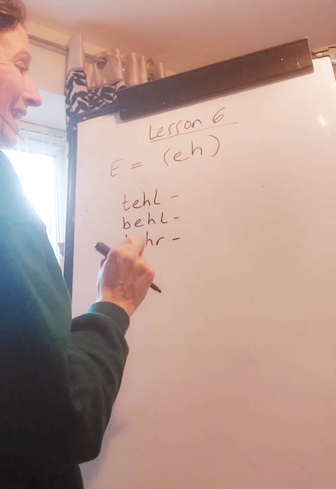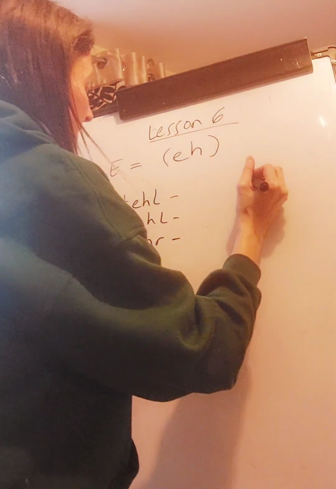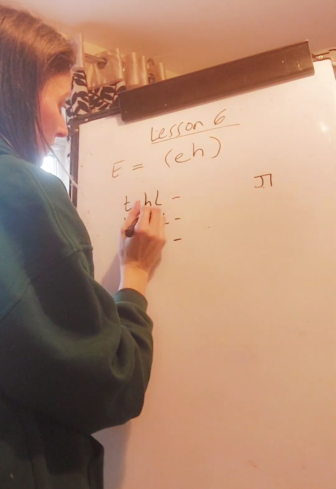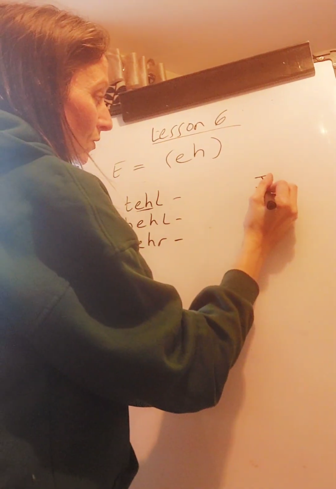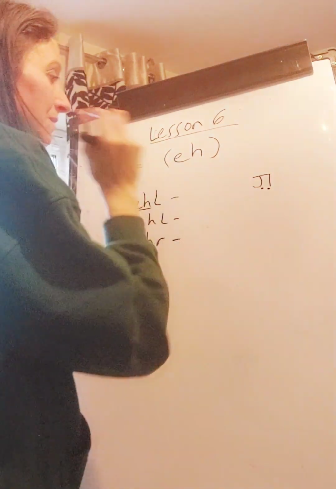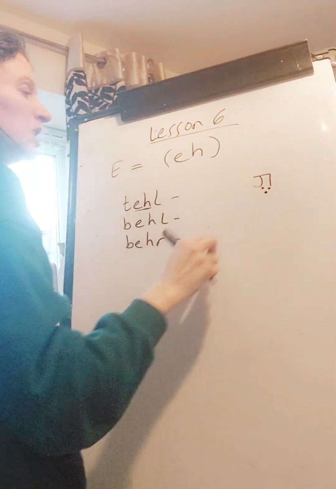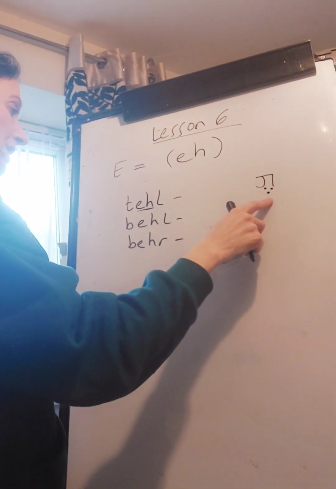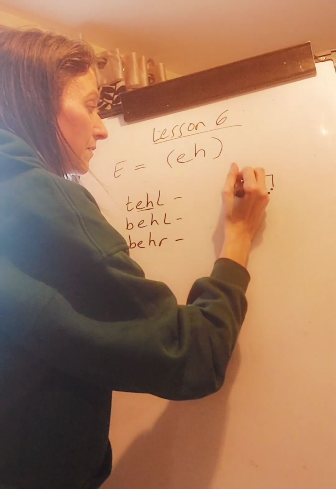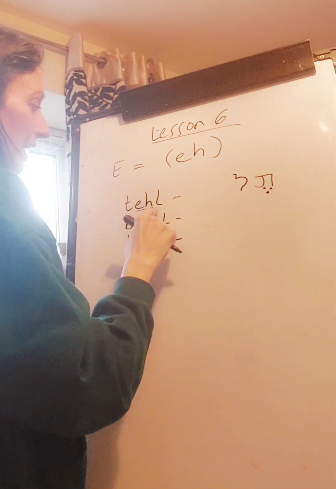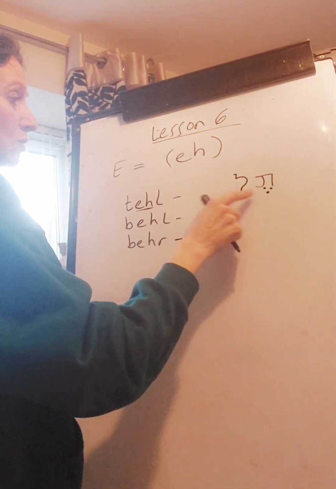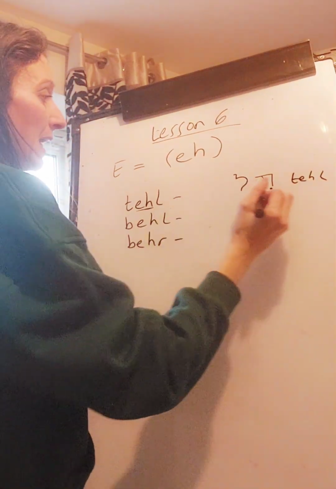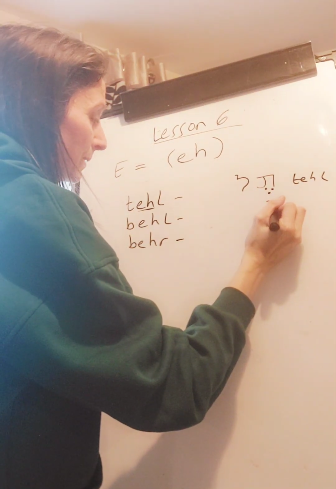So the first one, Tehl. So you'd want the T sound, so we'd use the Tav. Look at the vowel sound is E. So the most common one to use for the E is normally the 3 dots. Sometimes the 2 dots, but mostly the 3 I've seen. And then Tehl, we want the L sound, so we put it on the end. So that would read as Tehl. Behl, we'd use the Bet for the B sound.